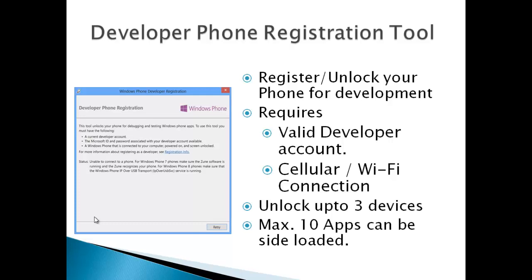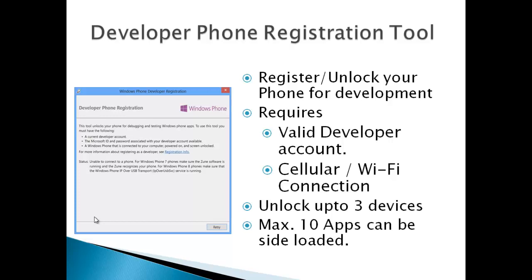And then we have this tool called developer phone registration. All that you do is connect your phone to the laptop, and then provide your developer account user ID and password. That's nothing but your Microsoft account here, and then click on the unlock or register button. So once you do that, your phone is registered for you to test your app.